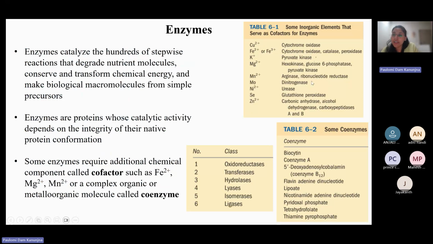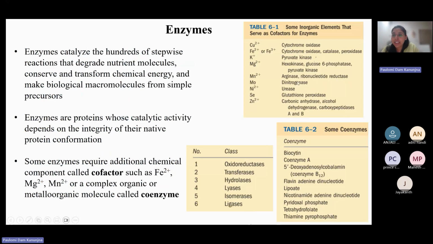Can you guess? Can you tell me where is hexokinase used? Where have you read about hexokinase enzyme? If you know the pathway which is using hexokinase or pyruvate kinase. Glycolysis, exactly. One of the pathways that we definitely started reading with, glycolysis.